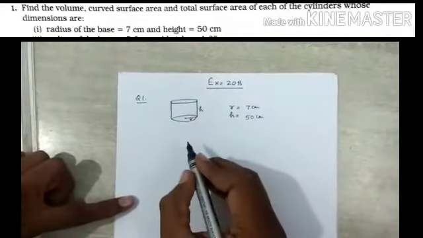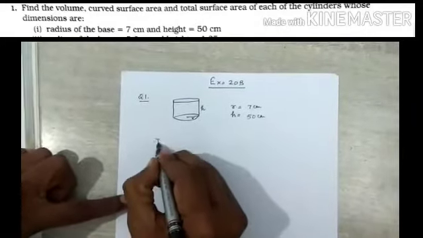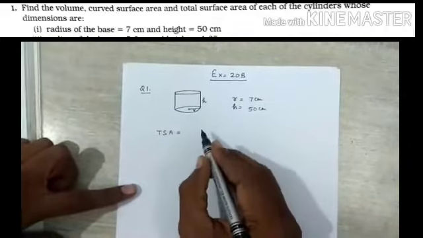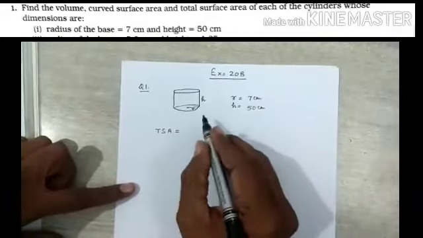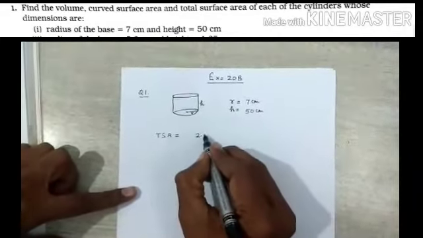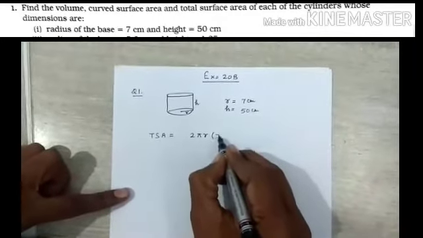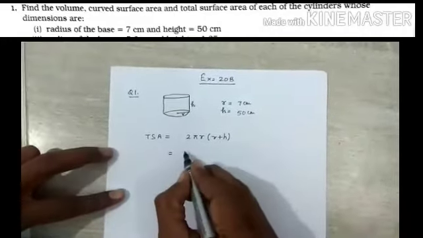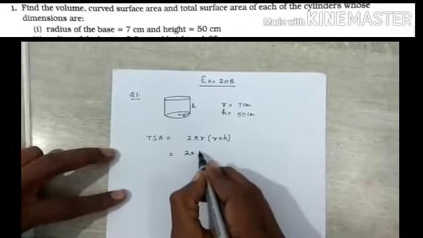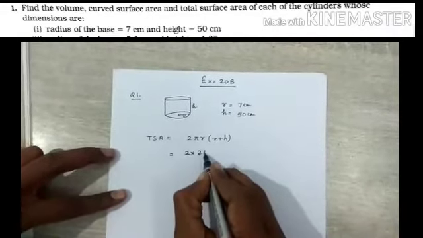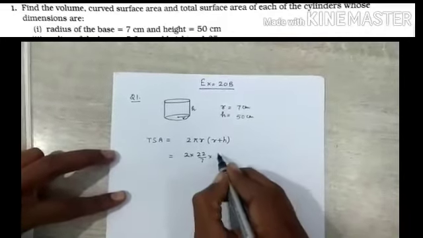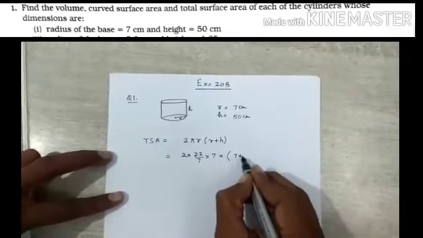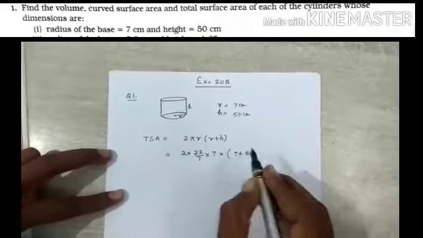First value, we have to find TSA. TSA means total surface area of cylinder. Formula of total surface area of cylinder is 2 pi r (r plus h). Now we have to put the value in this formula. 2 into value of pi is equal to 22 upon 7 and r is given 7 cm, into r plus h, h value is 50 cm.